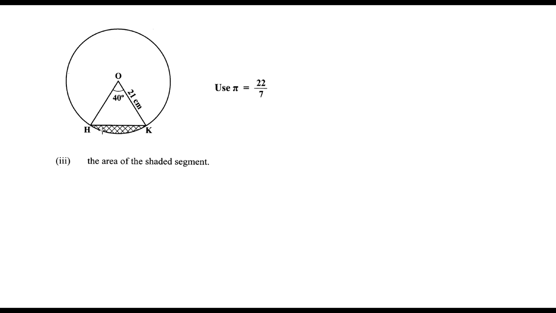The next part, we want to find the area of the shaded segment, which is this area here. So the area of the shaded segment will be the area of the sector HOK minus the area of the triangle HOK.